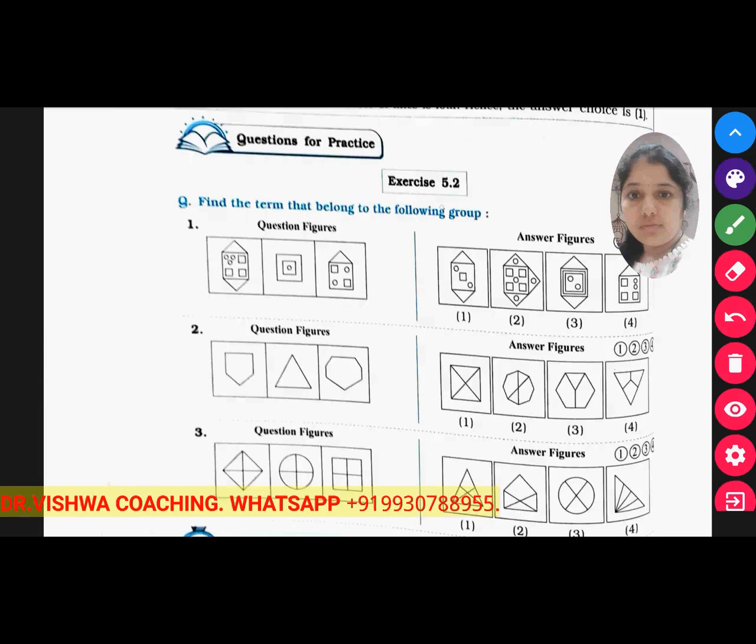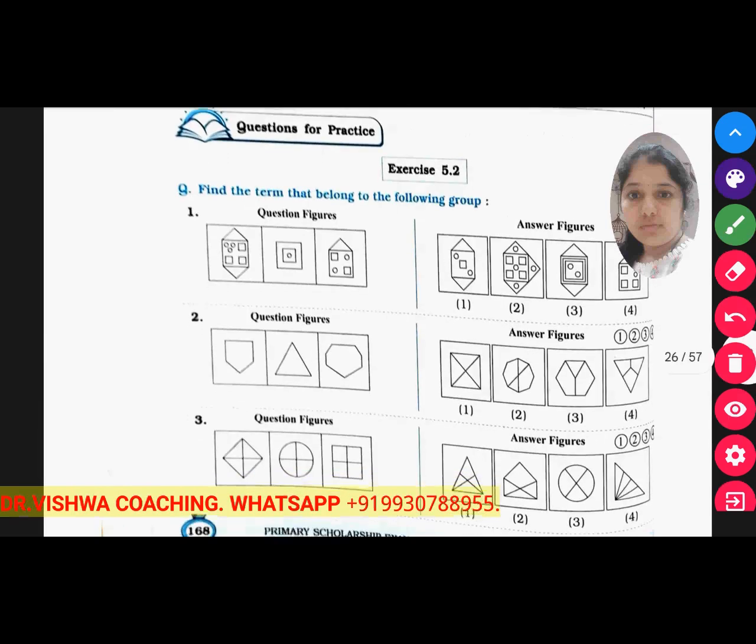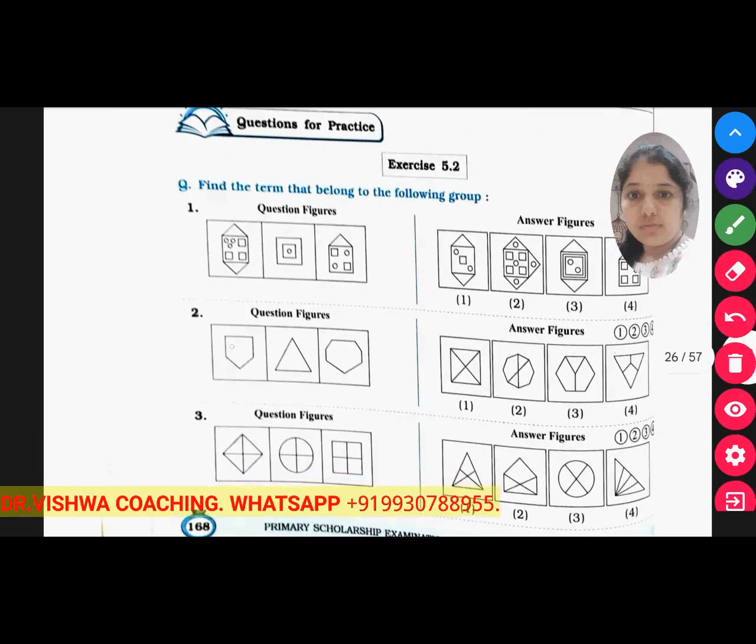Okay, so we will take the question in practice exercise 5.2, in which there is a pentagon, there is a triangle, and here is one figure which has 1, 2, 3, 4, 5, 6 and 7 sides. So septagon, and we have to identify the next figure in this pattern. The number of lines in each question figure is an odd number.